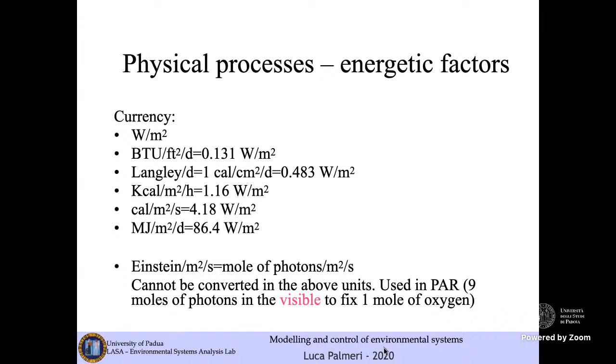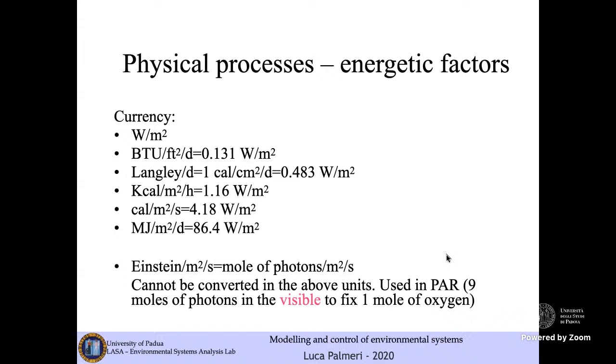In particular, we are very interested in those photons that we may call photosynthetic active radiation, PAR, and we may say that 9 moles of photons in the visible range, so the photosynthetic active radiation, are necessary to fix 1 mole of oxygen through a process of photosynthesis.